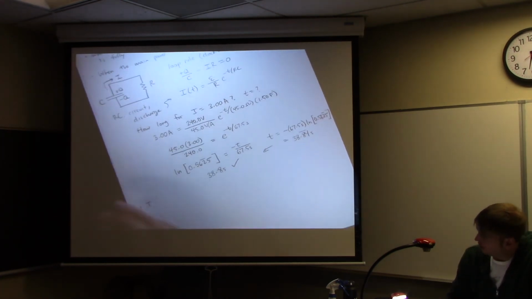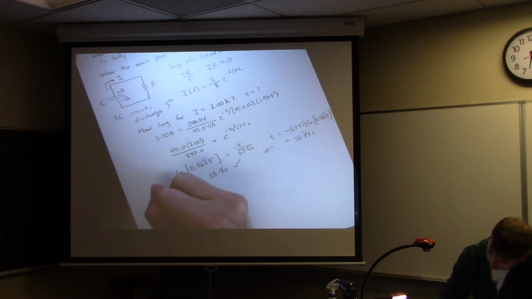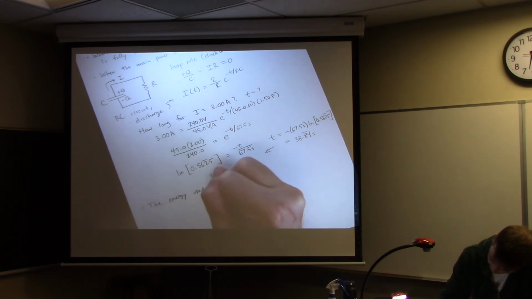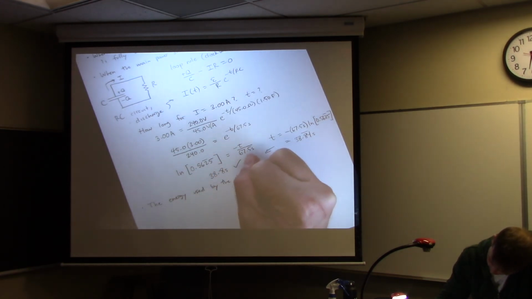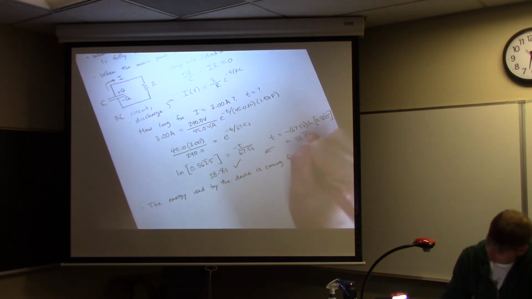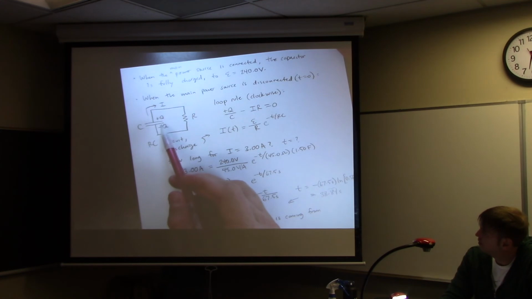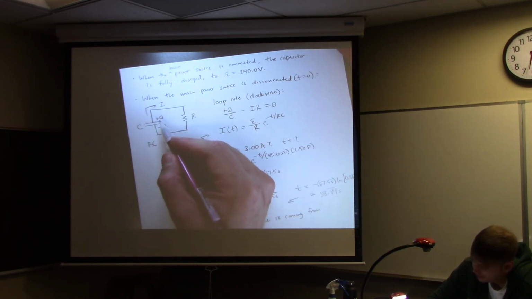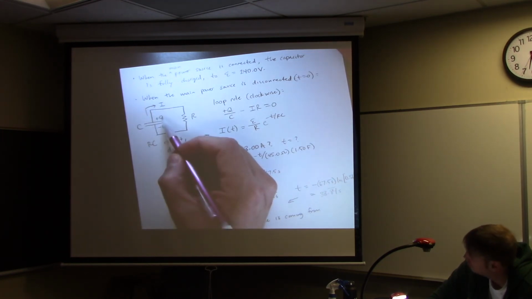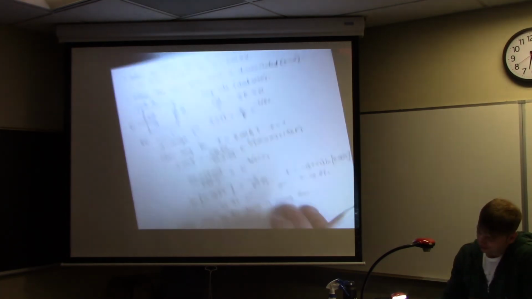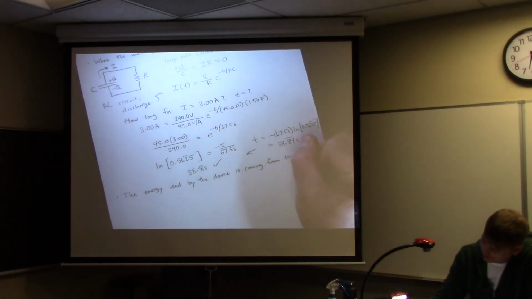And the first way is the energy that is used by the device is coming from somewhere. Well, it's coming from the capacitor, right? So the capacitor stores energy. The more charge it has, the more energy it stores. And if it's losing charge, it's losing energy and it's giving it to the device. That's the idea. So the energy used by the device is coming from the capacitor.